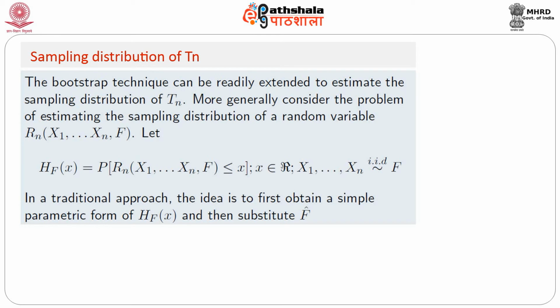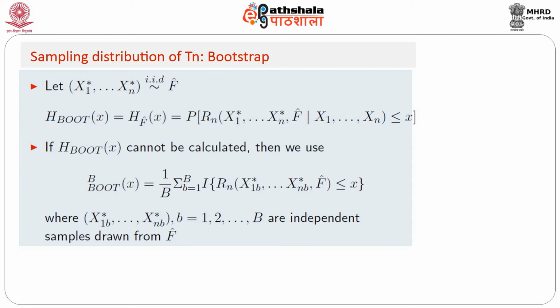Now, in the traditional approach, the idea is to obtain a simple parametric form of H_F and then substitute F hat. In the bootstrap approach, bootstrap samples are obtained, and from that the empirical CDF is calculated. So, H boot(x) is H_F hat(x), the probability of Rn(x1 star, x2 star, ..., xn star, F hat) less than or equal to x, where x1 star to xn star are IID F hat.